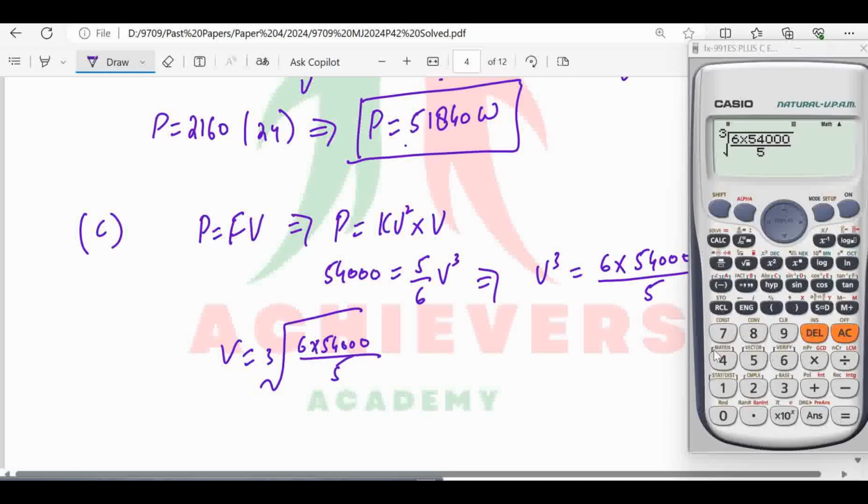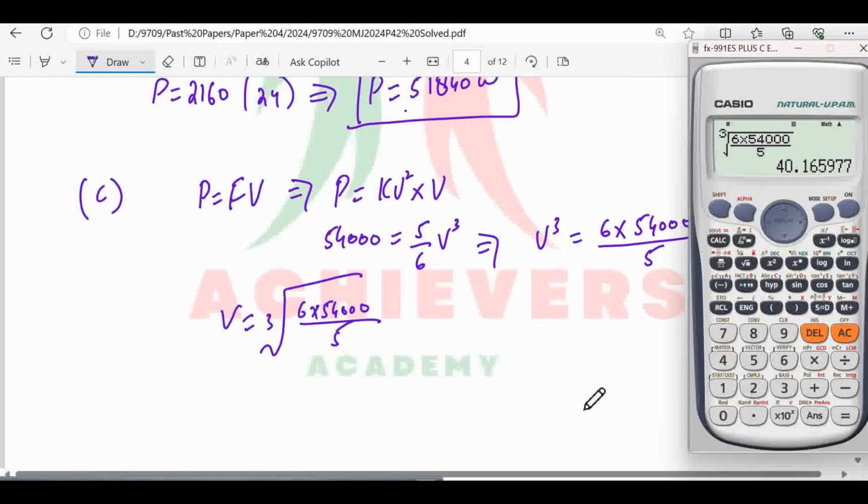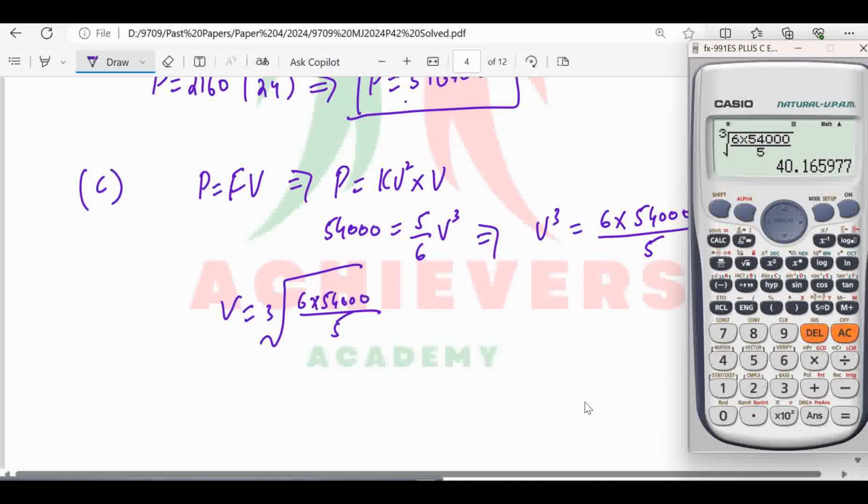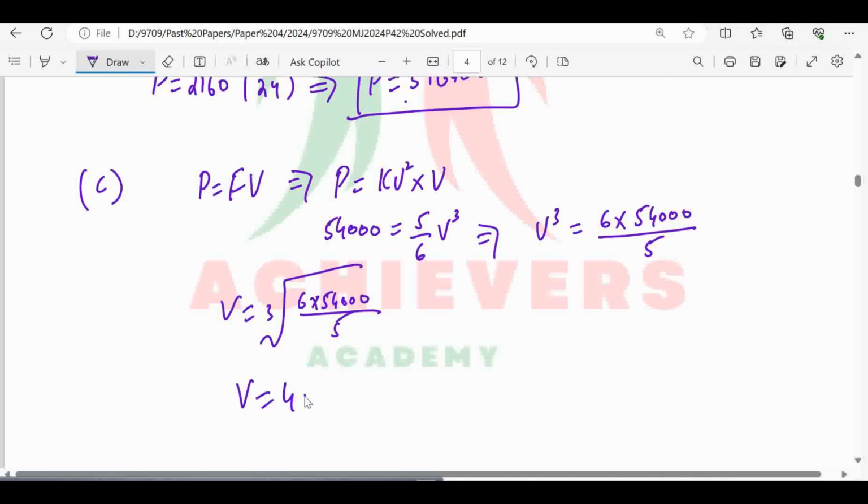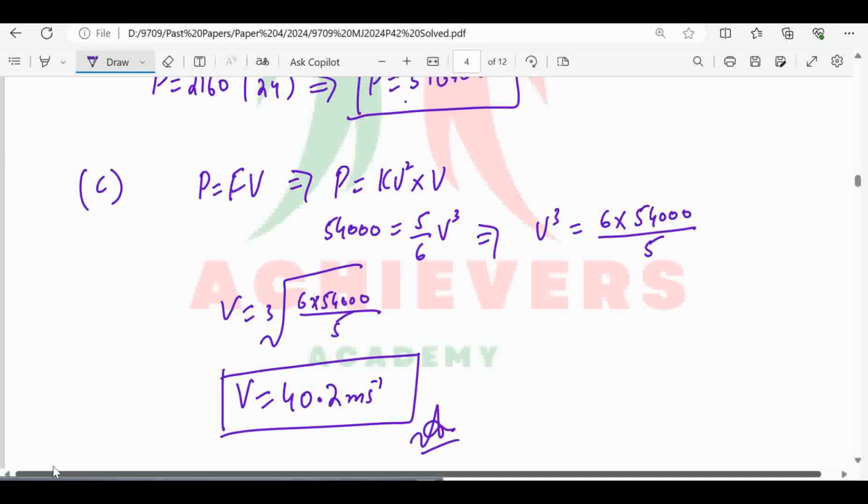If we use the calculator, the final answer will be 40.165, and correct to one decimal place, velocity will be 40.2 meters per second. So this will be the final answer. If you have any confusion, you can ask in the comment section.